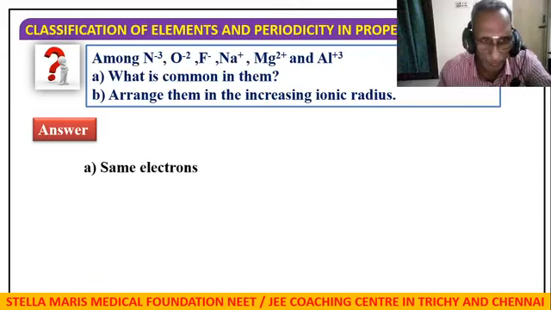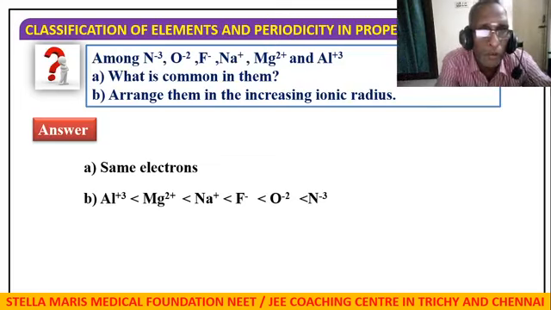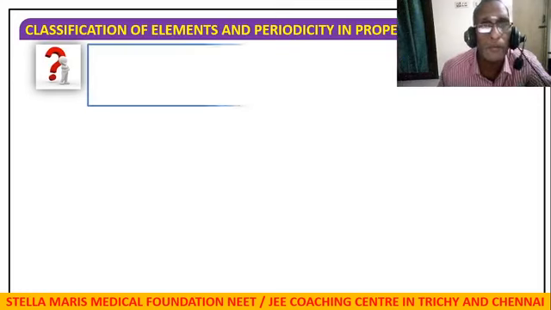Let us check. Good. The common feature is the same number of 10 electrons. In increasing order, the radius of the cation is the smallest. The higher the cationic charge, the smaller the radius.